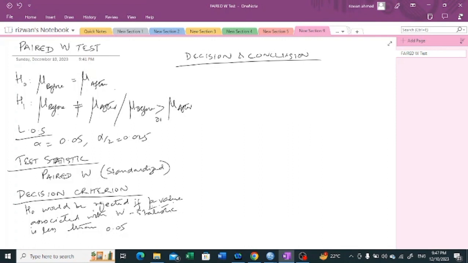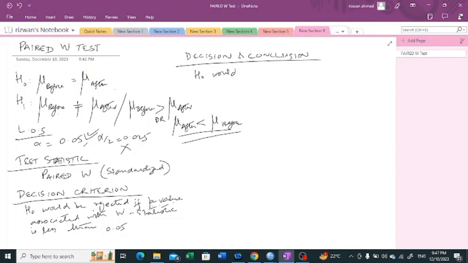That can alternatively be written as cholesterol level after is less than cholesterol level before the program. So according to this specification, we need not divide alpha by 2; rather we take it as a left tail test, and at the 5% significance level, this is a case of rejection.